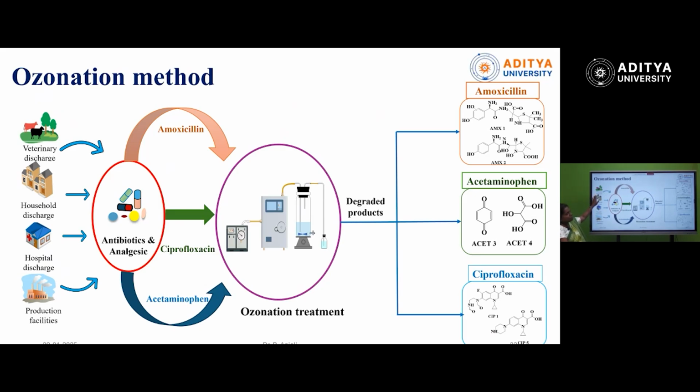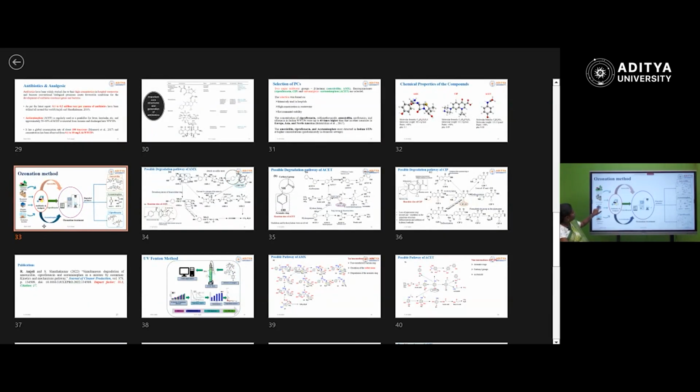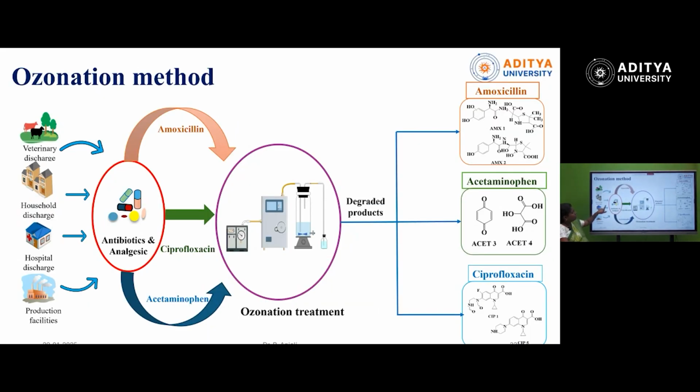Everyone knows the sources, where the antibiotics are coming from, and how to treat them. Now you know the pollutant is present in the environment, and the concentration we approximately know based on previous literature. So now we have to treat it. Here I have chosen the ozonation method to remove this pollutant.